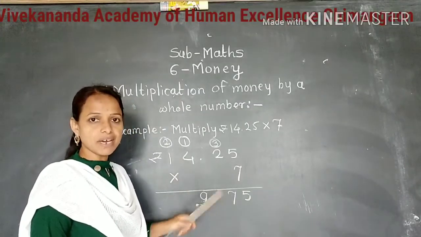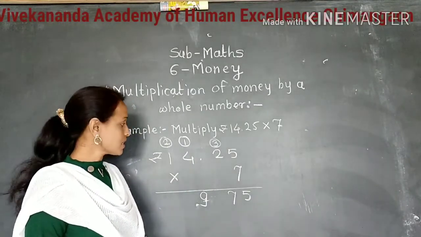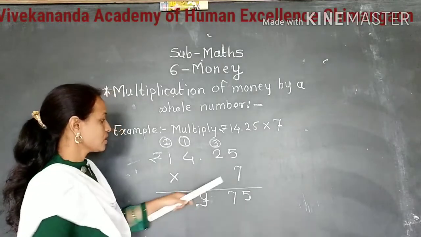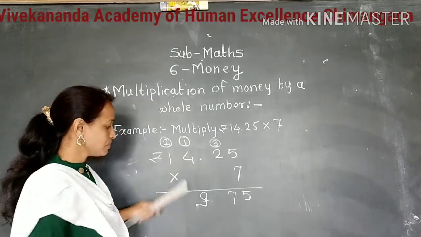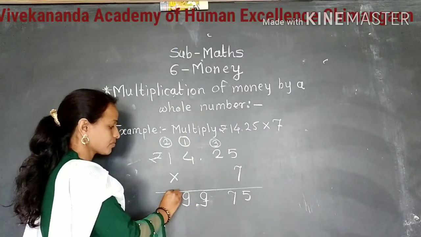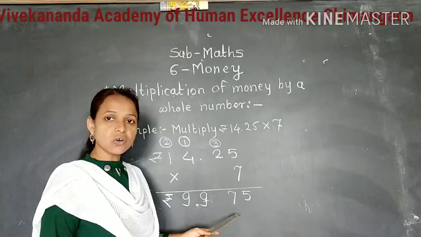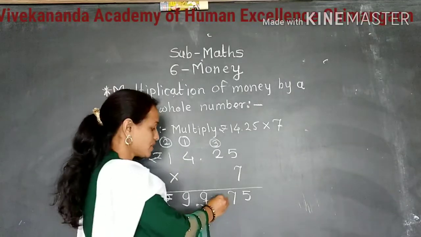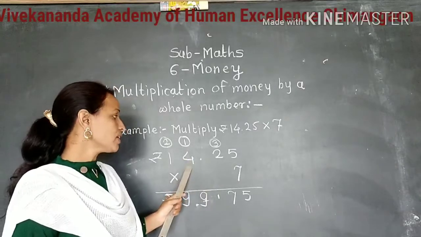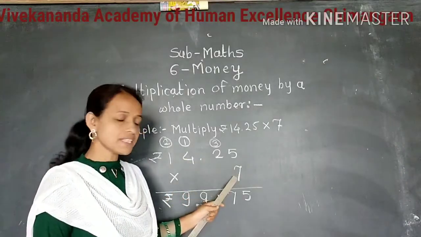Now multiply 1 by 7. 7 1s are 7 plus 2 is 9. Now put the dot from the right two places. So here we multiply 14 rupees 25 paise by 7.